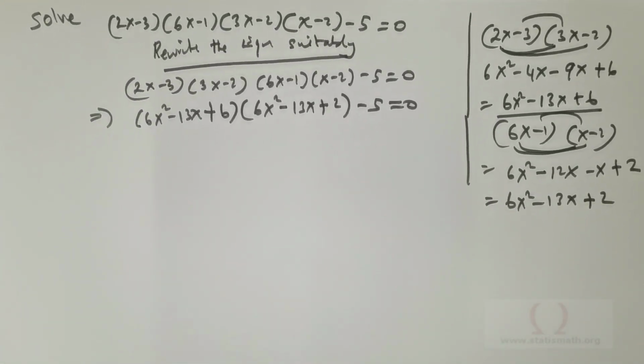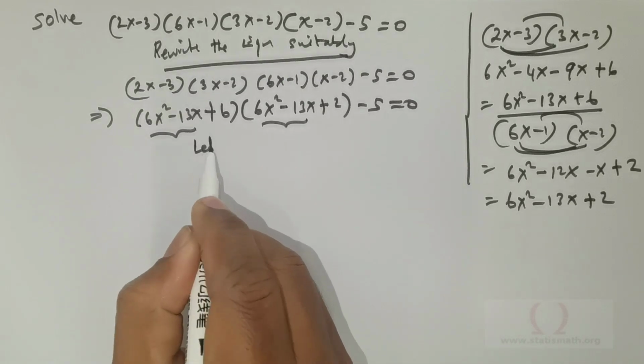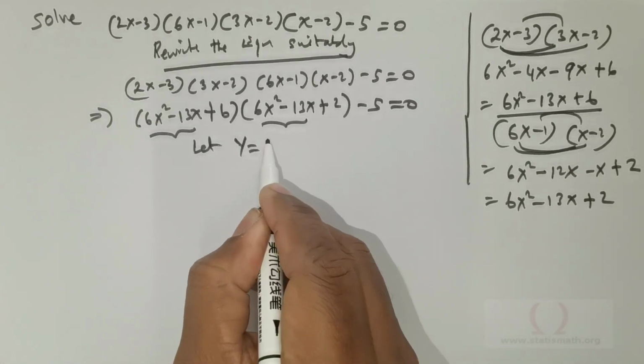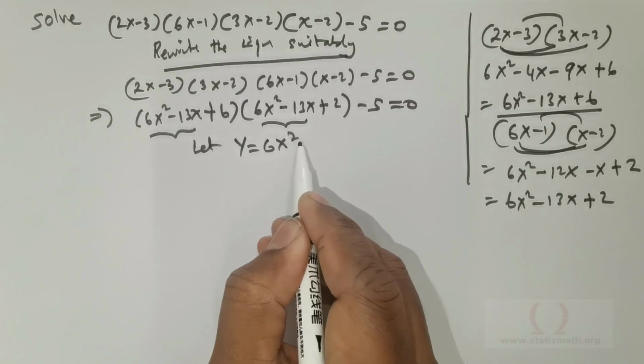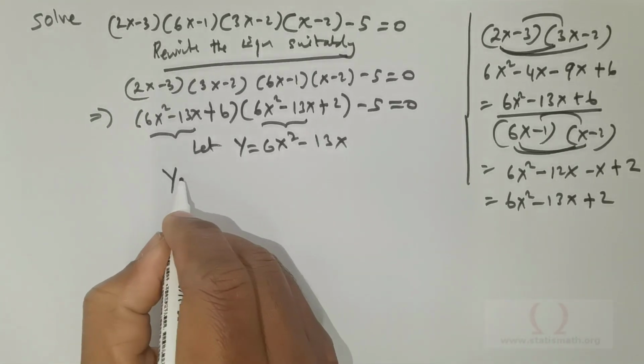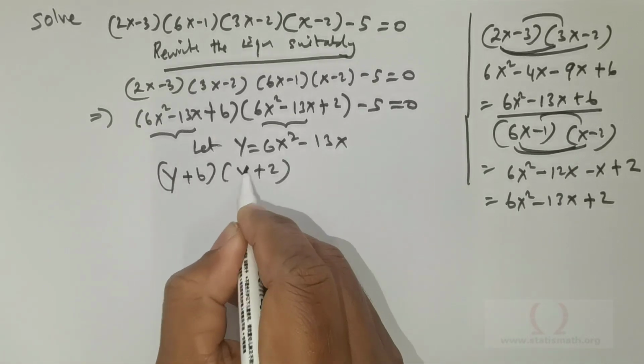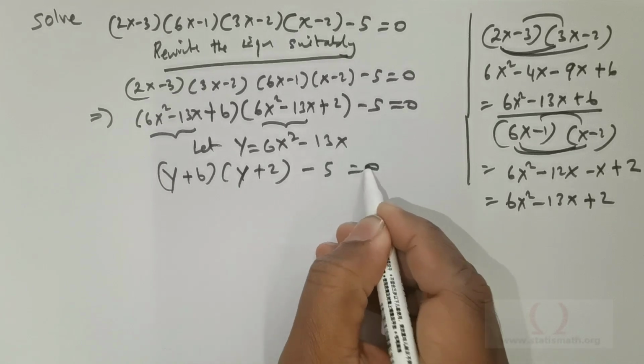So now what I'm going to do is consider these two terms. Let y be equal to 6x² − 13x. So this would mean I would now have (y + 6) multiplied with (y + 2) − 5 is equal to 0.